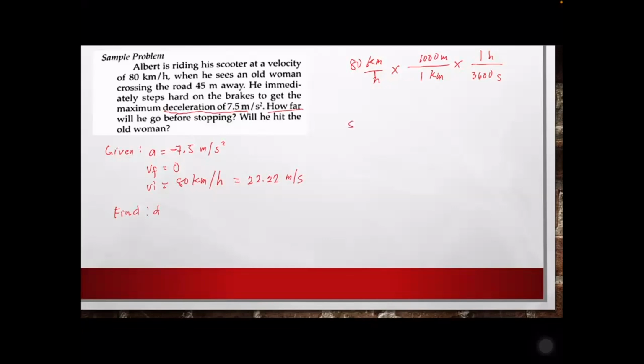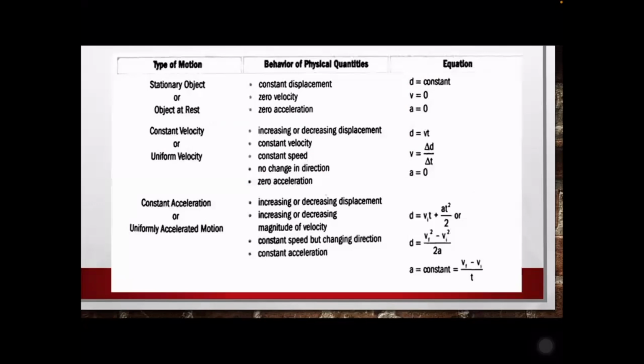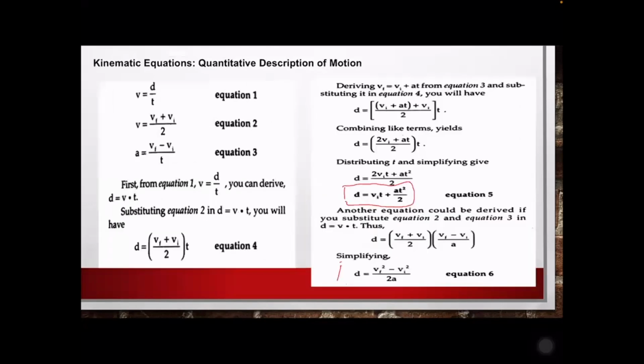Solution. So, your d is equal to, since may given tayo acceleration, may given tayo final velocity, at may given tayo initial velocity, we're able to use d equals vf squared minus vi squared over 2a. Saan yan galing? Galing siya sa formula na yan.